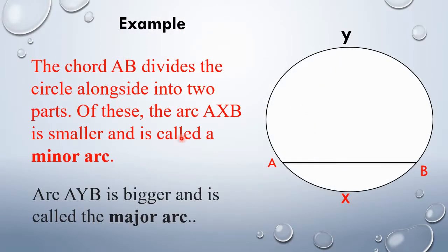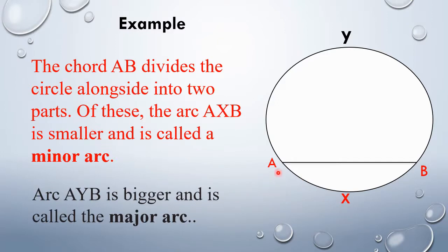Let's see an example. The chord AB divides the circle alongside into two parts. Here in this diagram you can see AB is a chord. This divides the circle into two parts. So the arc AXB is smaller.